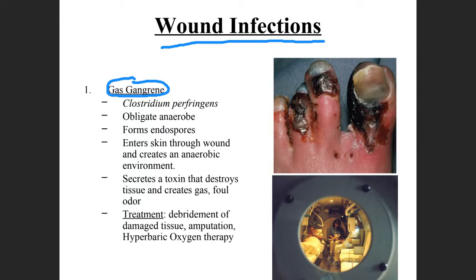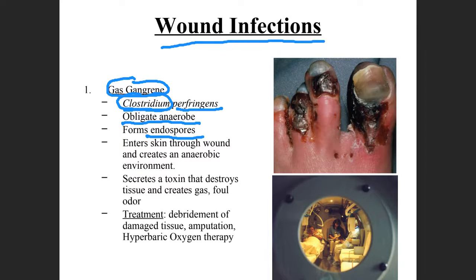Gas gangrene is caused by Clostridium perfringens. Now, the first thing that should come to mind whenever you see the genus name Clostridium is that we know that it's an endospore former. But the second thing is that all species of Clostridium are obligate anaerobes.